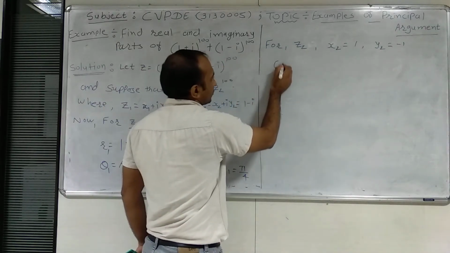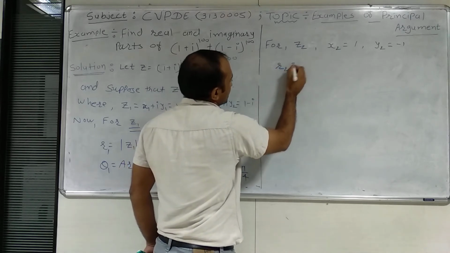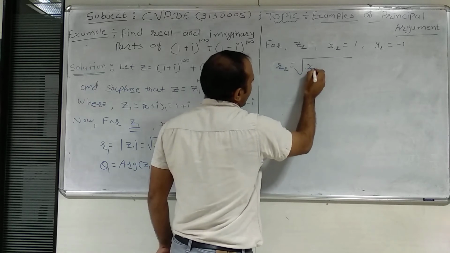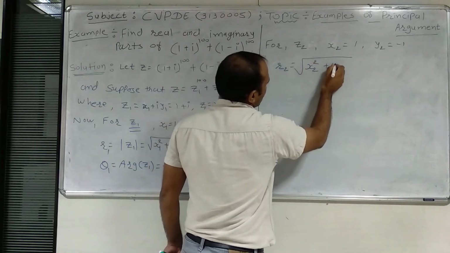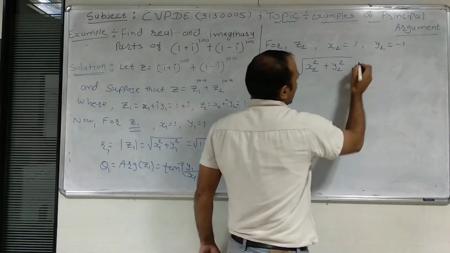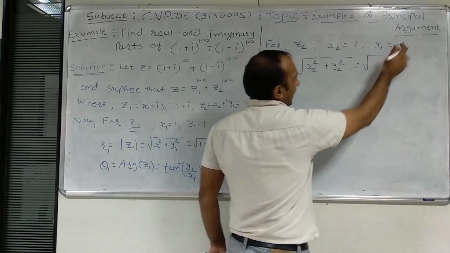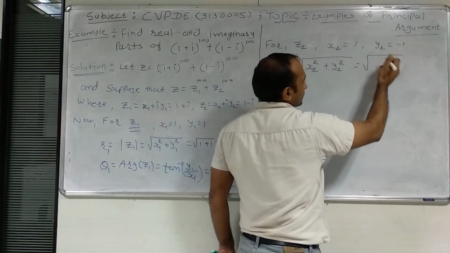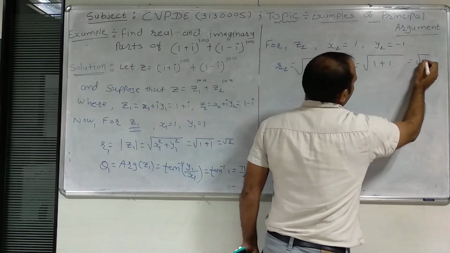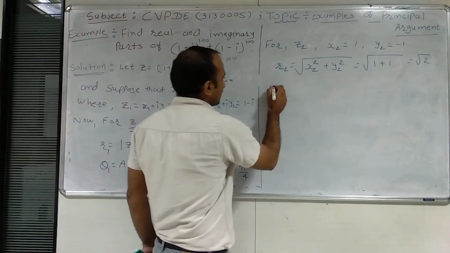Now theta 2, sorry, r2, this equal to modulus, square root of x2 square plus y2 square. That means mod of z2. This equal to, now x2 square is 1 and y2 square, minus 1 square, is 1. 1 plus 1, it's root 2. That means here r2 is also root 2. r1 is root 2.